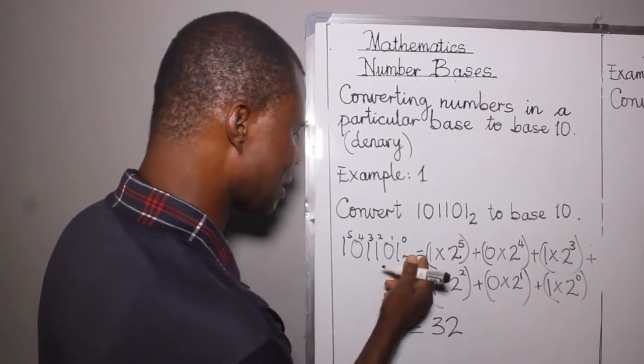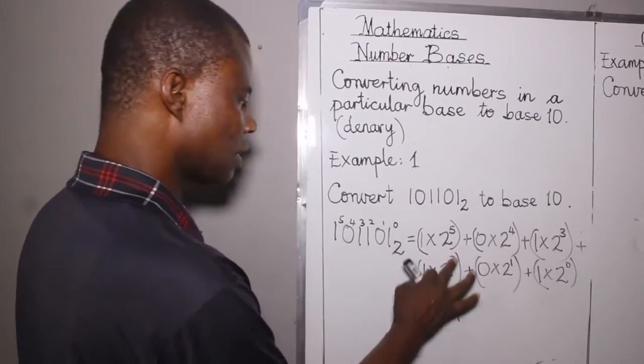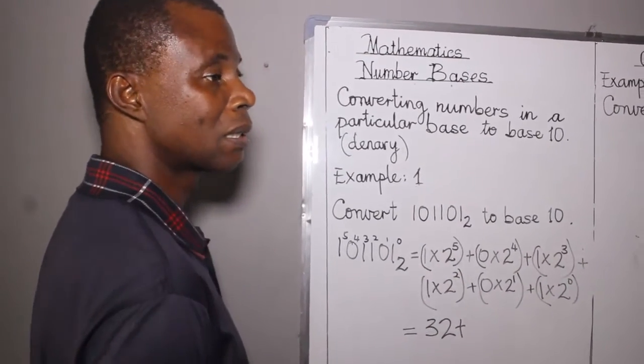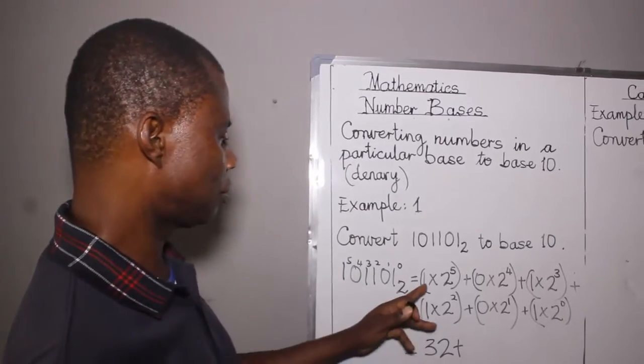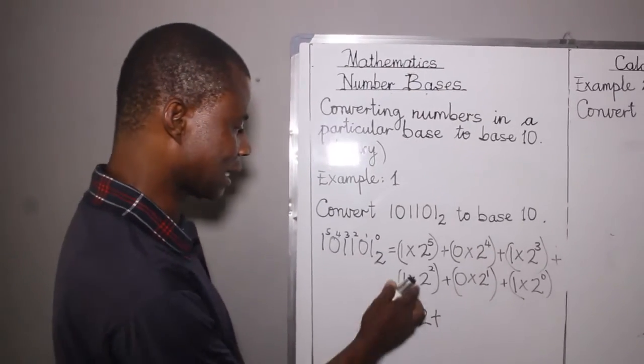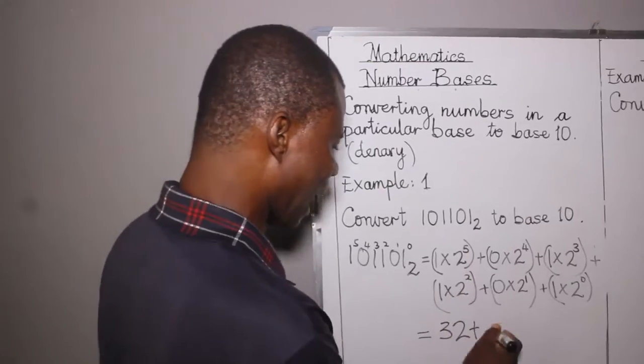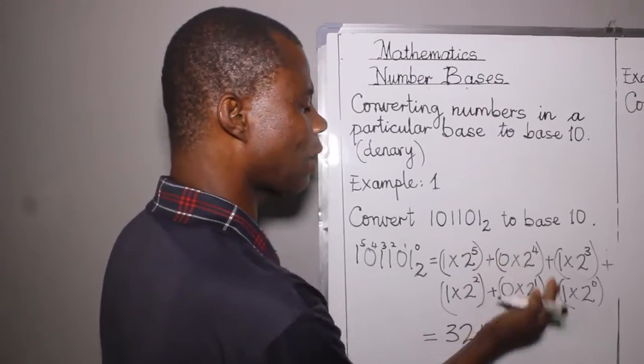Because 32 times 1 is the same thing as 32. This gives us 32 times 1, and that's 32.